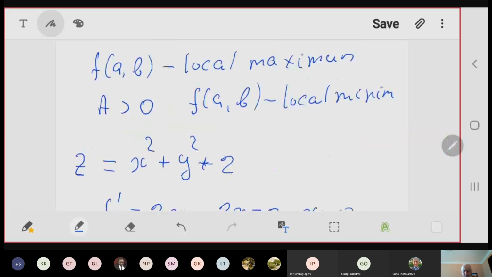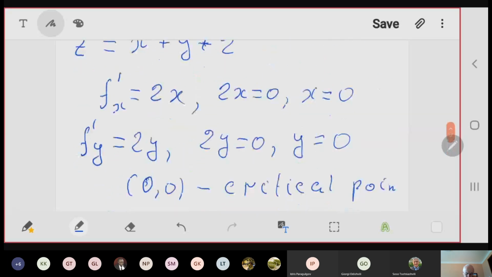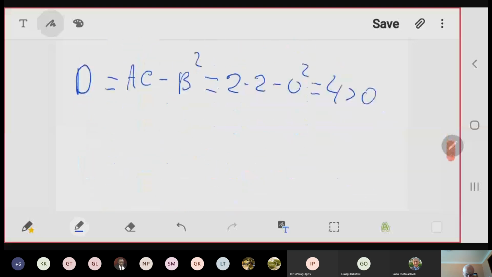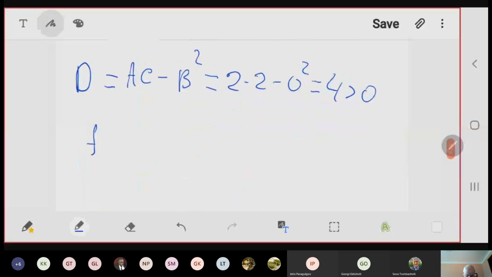So what can we conclude? We remember our critical point was (0, 0), and we can conclude that f(0, 0) is a local minimum.